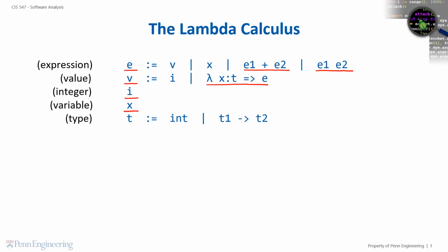To meet these requirements, the system consists of two kinds of types, corresponding to the two kinds of values in our language. An int type, which is the type of all integer values, and a function type, denoted t1 arrow t2, where the arrow is represented by a hyphen followed by a greater than sign, which is the type of functions.